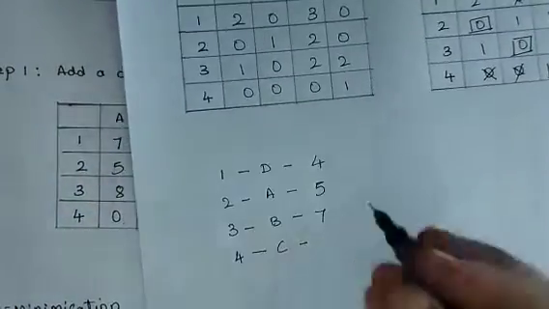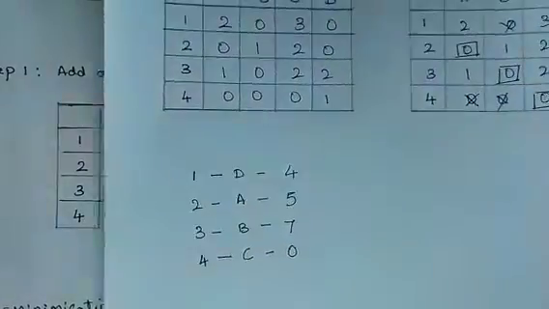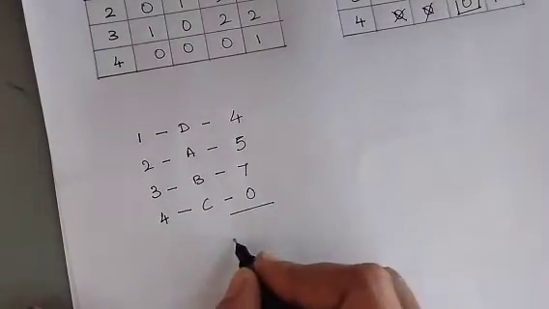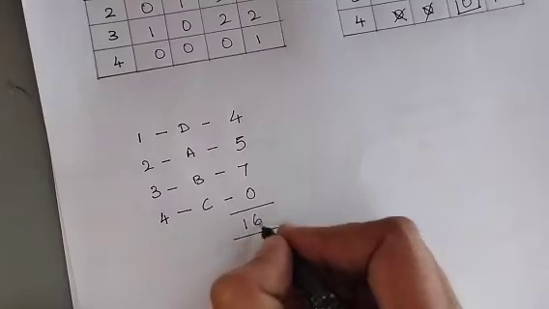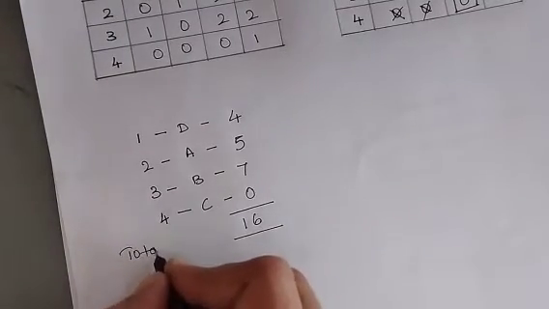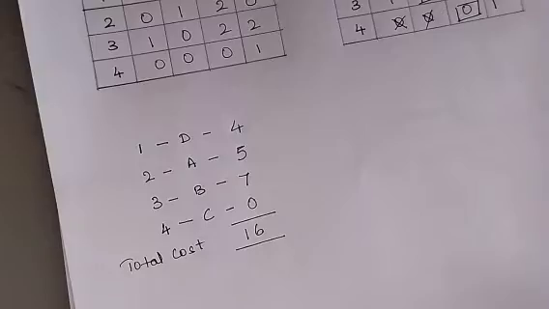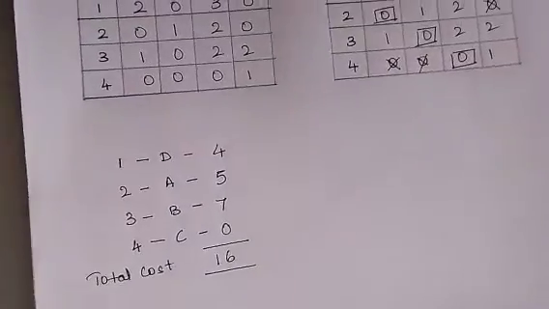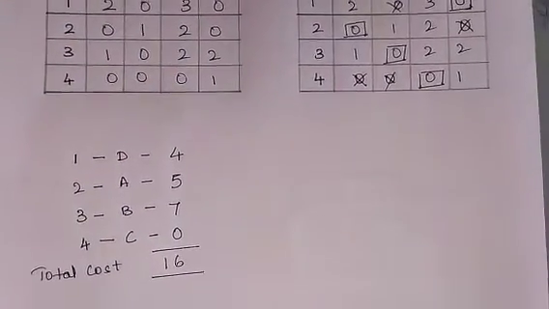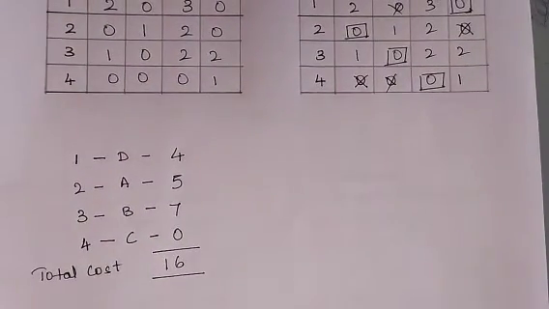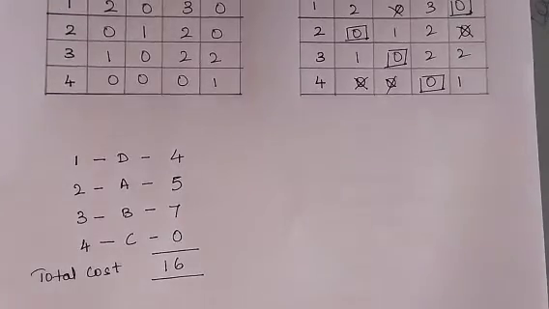So we will write 0 because there is no fourth man available here. Let us take the total. The total cost incurred by assigning the jobs to the 3 men will be 16. Any other assignment will cost more than this. So this is how we solve an unbalanced assignment problem.